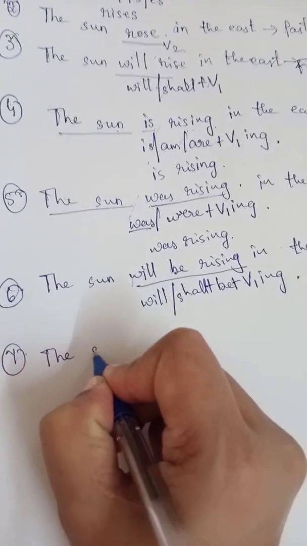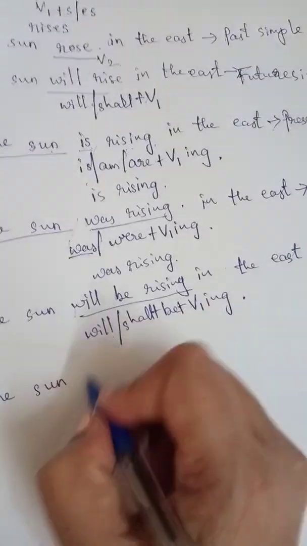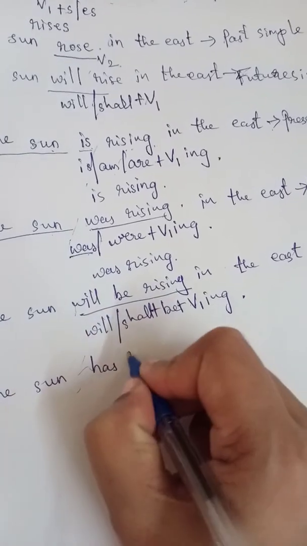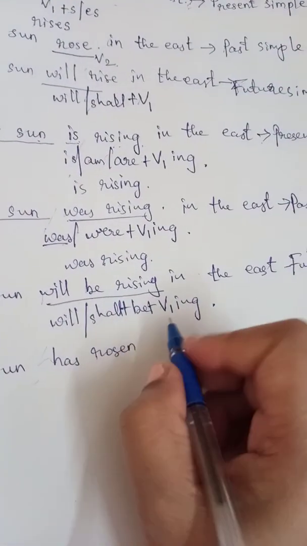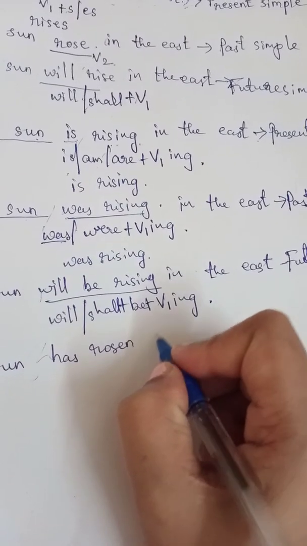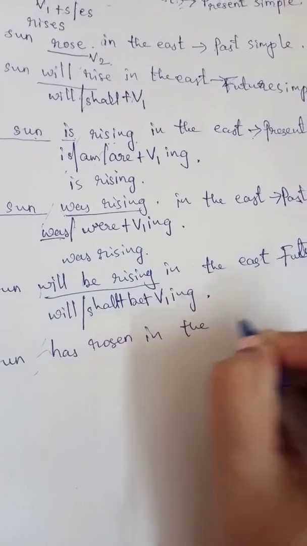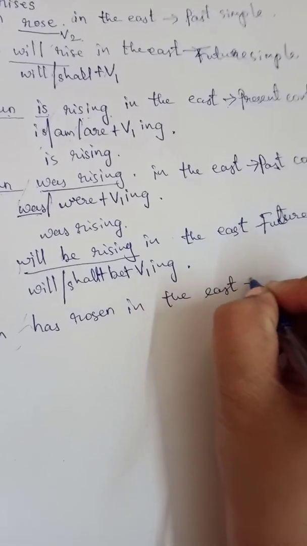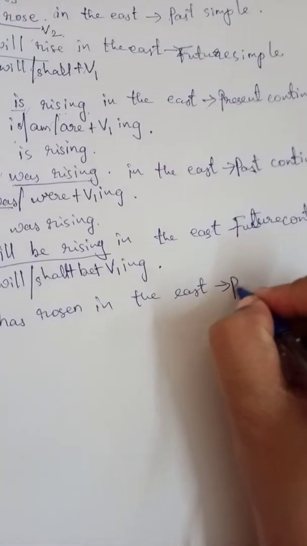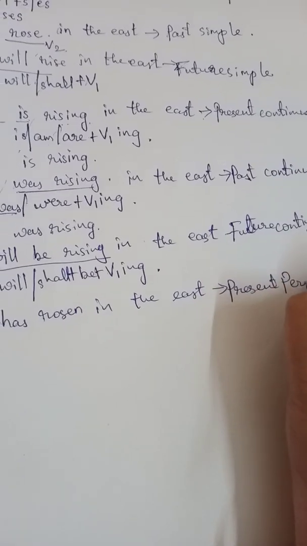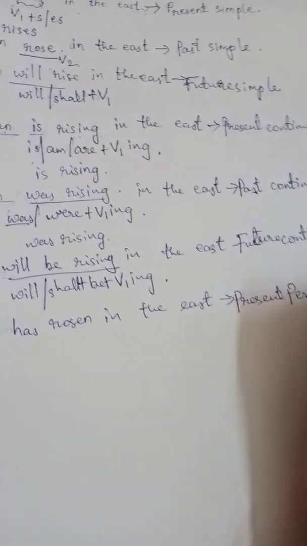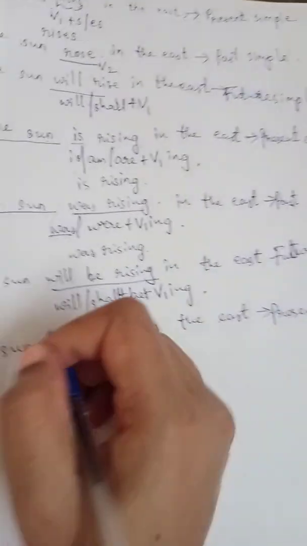The sun has risen in the east. It is in the present perfect. Sorry, children.